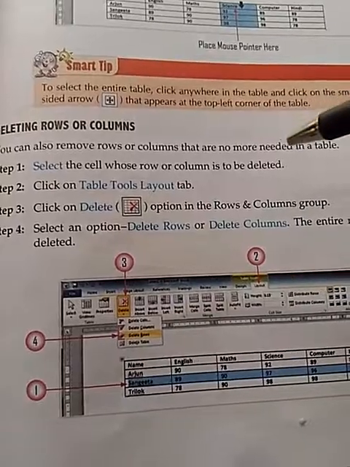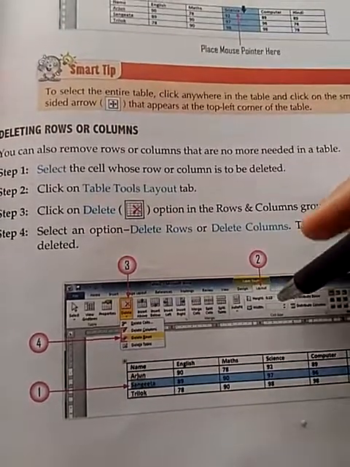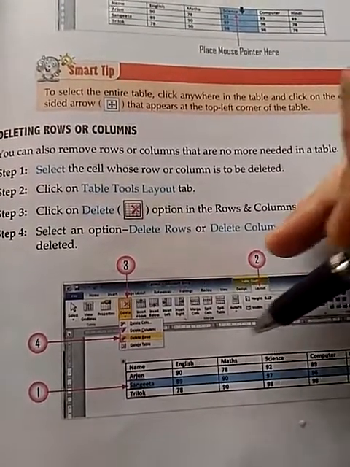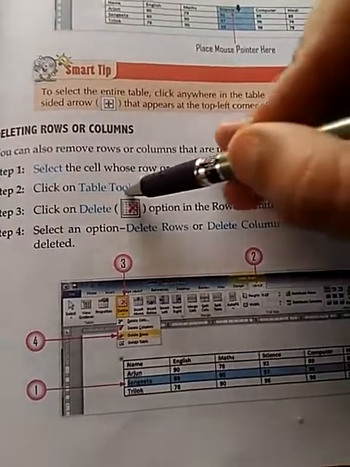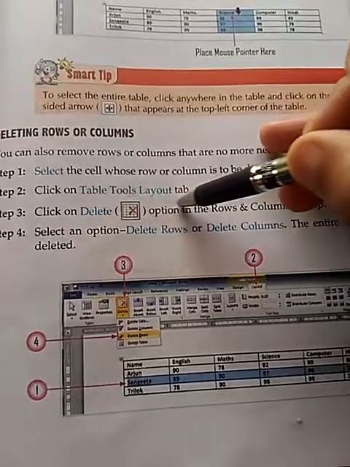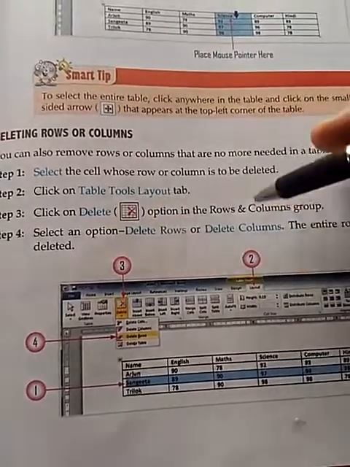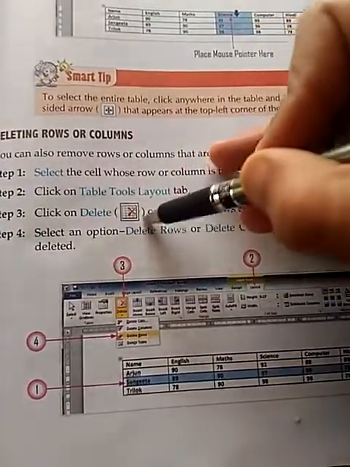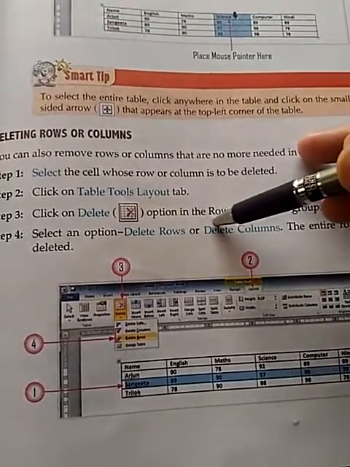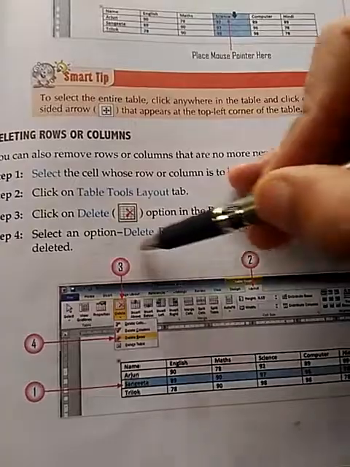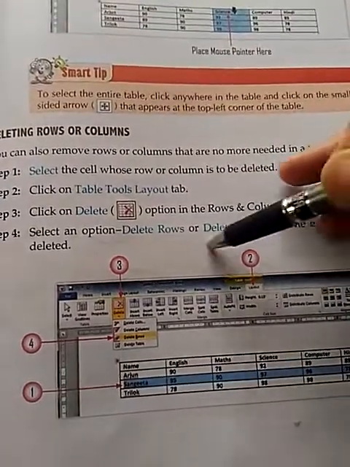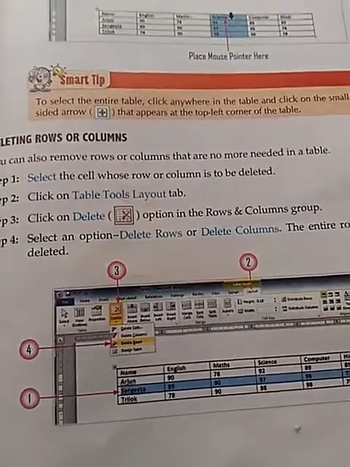So if anybody asks you how you can delete a row, you can tell the answer. First you select the entire row and after selecting that, go to the layout tab. On the layout tab you will find the delete option in the rows and columns group. After that you can select the delete row option or delete column option to delete a row or column.